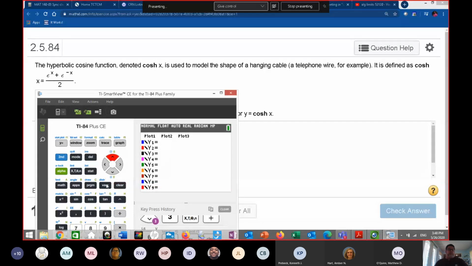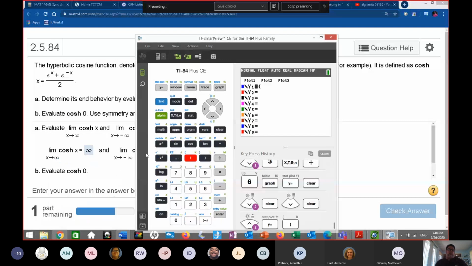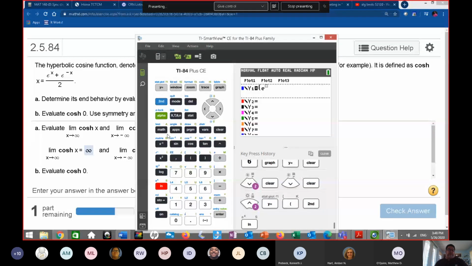And y is equal to, parentheses, second natural log, e to the x plus second e to the negative x, close parentheses, divided by 2 and graph.